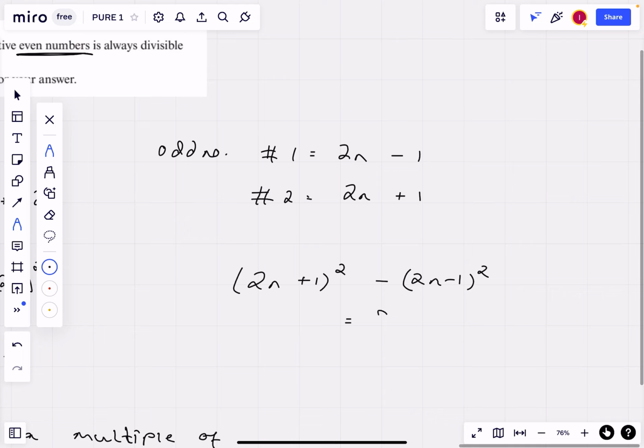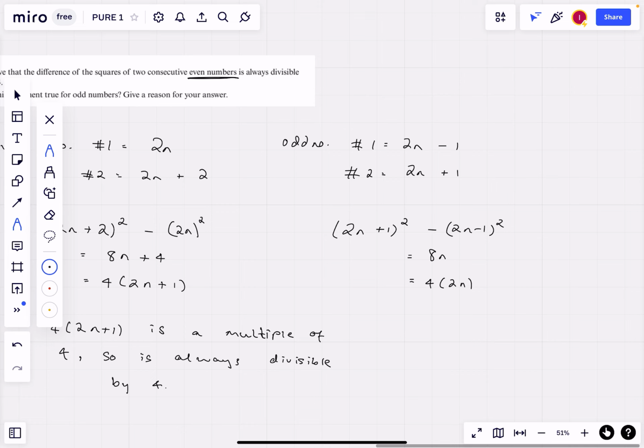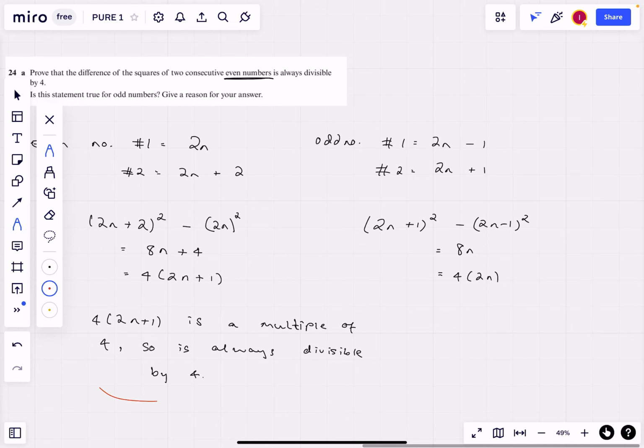Should have gotten 8n. If you take out 4, you get 2n on the inside, which still works with this statement, except instead of having 4 bracket 2n plus 1 is a multiple of 4, it's 4 bracket 2n is a multiple of 4.